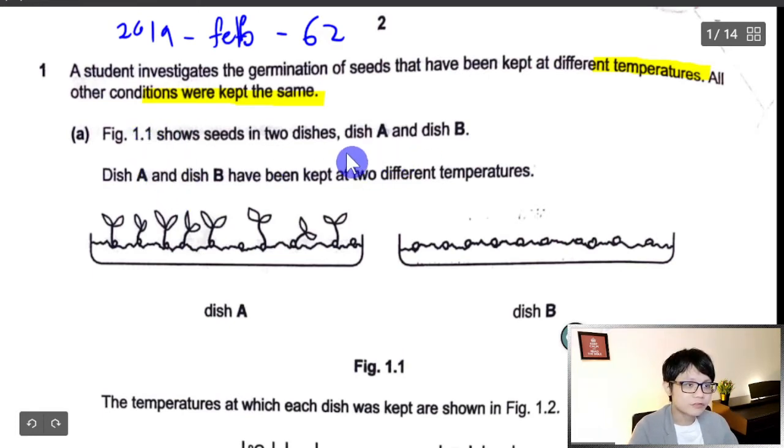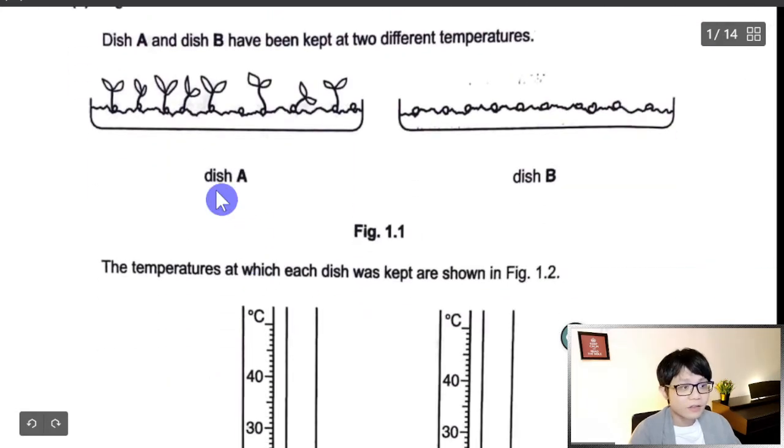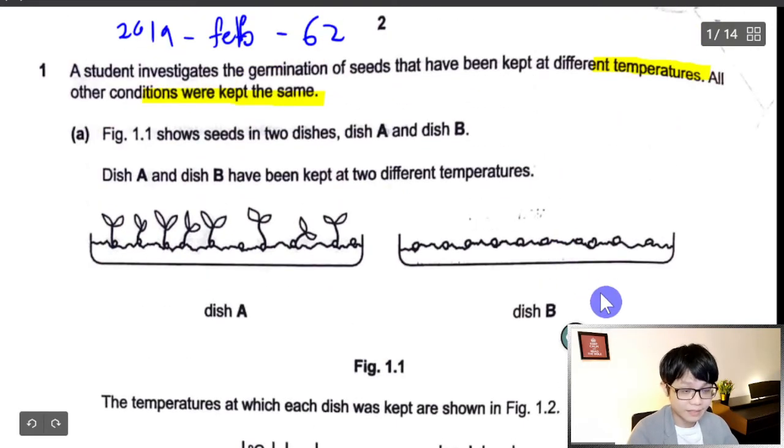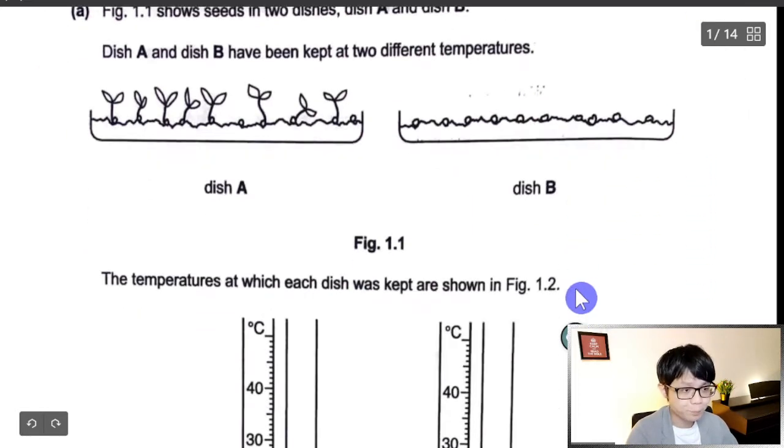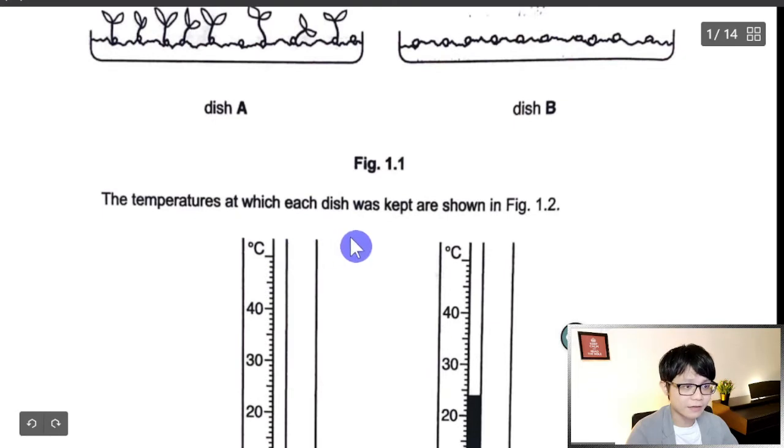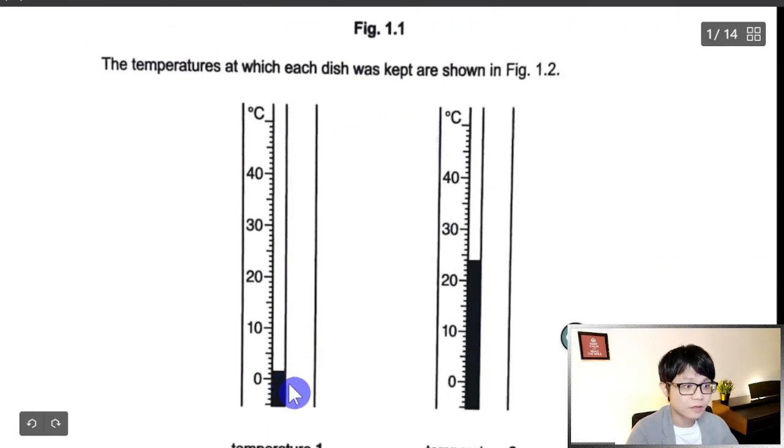So it shows two dishes, dish A and dish B. In dish A, the plant grew, and in dish B, the plant did not germinate. We didn't see even a single leaf from dish B. The temperature of the dishes is kept as shown. This one is very cold, almost like the temperature in the freezer.